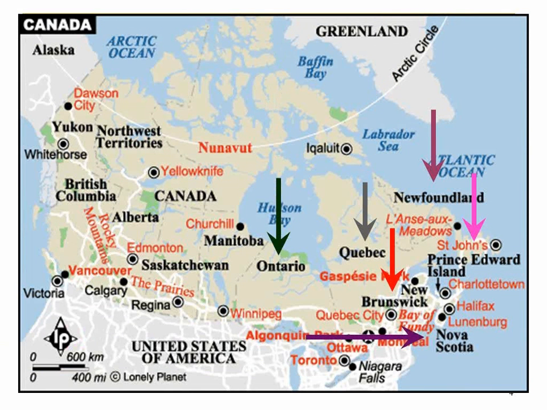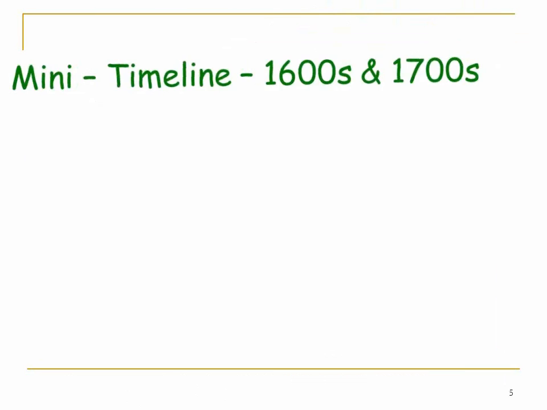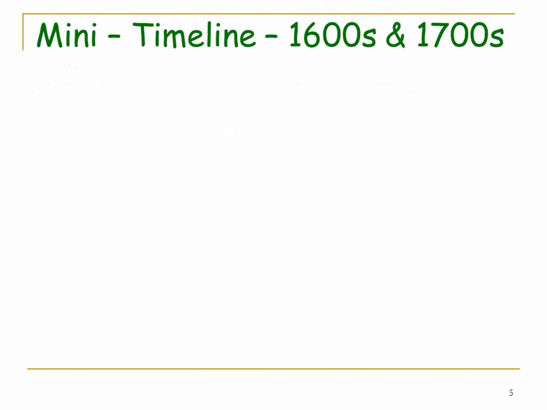And notice that we're still mostly on the East Coast. Then we slipped to the west with British Columbia, Alberta, Manitoba, and Saskatchewan, and those areas were settled later on. So when you're doing research and looking at census records, you have to understand when things happen to know where those records are located. And so we're going to do a little mini timeline to kind of give you some ideas.